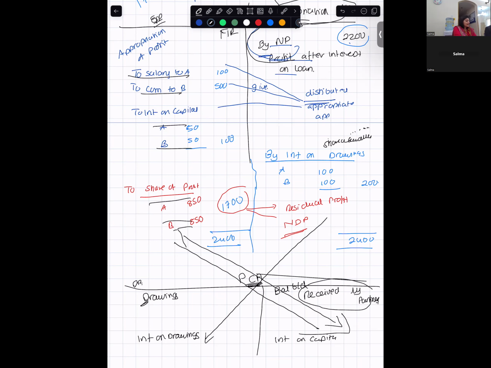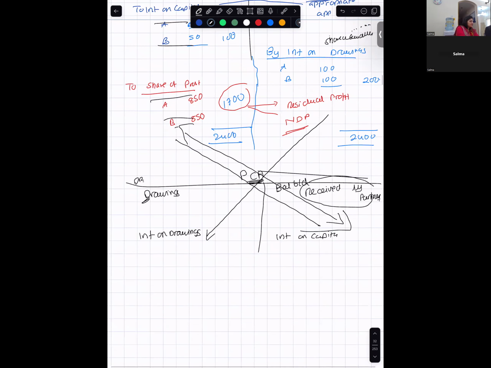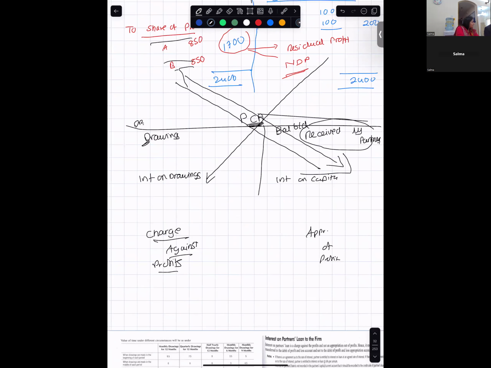Can you tell me what is the difference between charge against profit and appropriation of profit? Charge against profit is for expenses of outsiders.